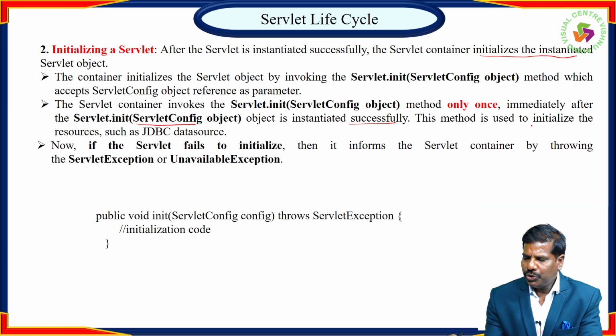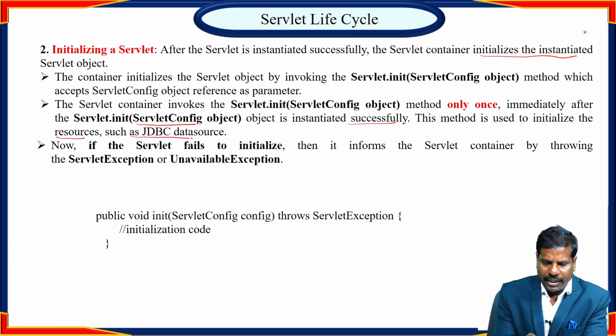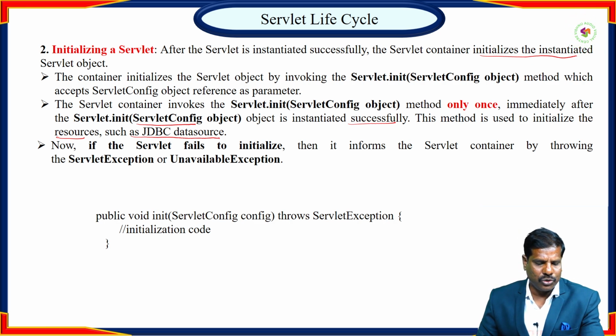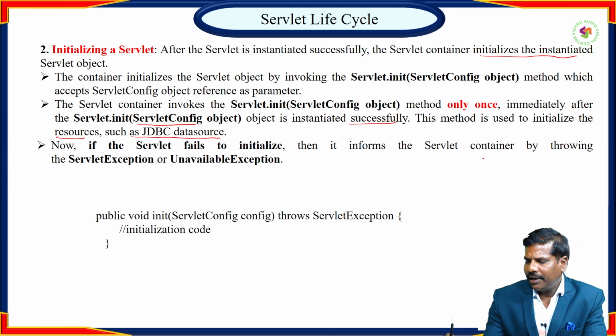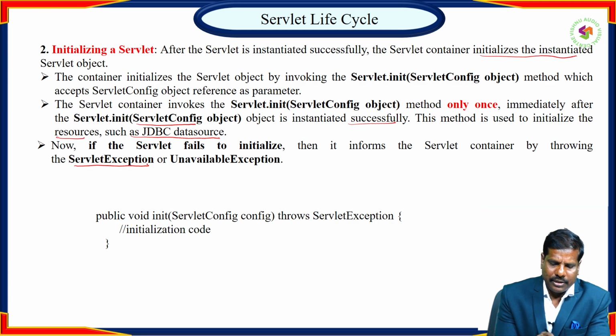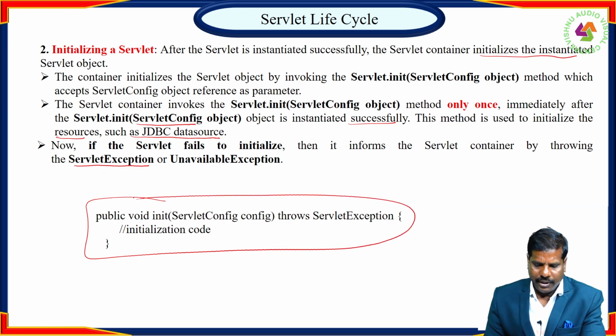This method is used to initialize resources such as database sources, JDBC data sources. If the servlet fails to initialize, then it informs the servlet container by throwing 2 exceptions: ServletException or UnavailableException.